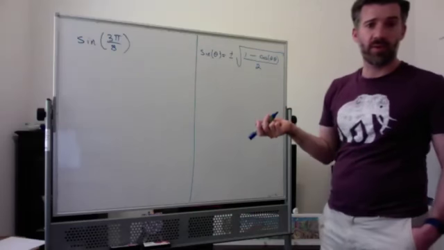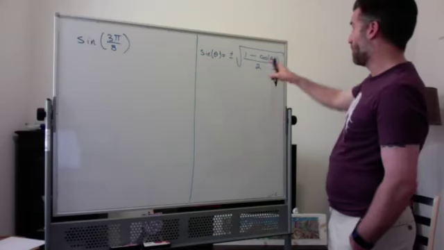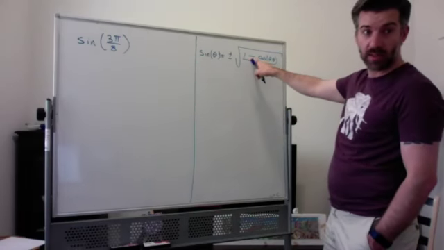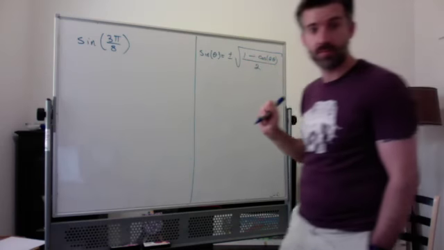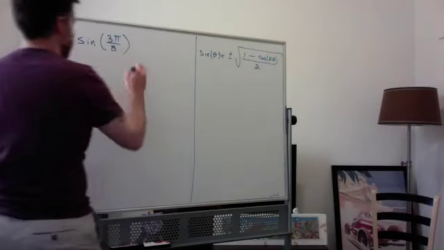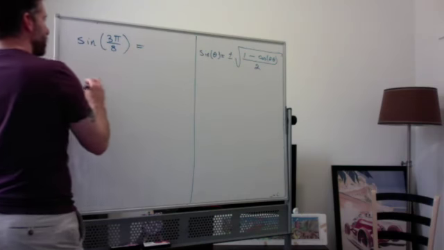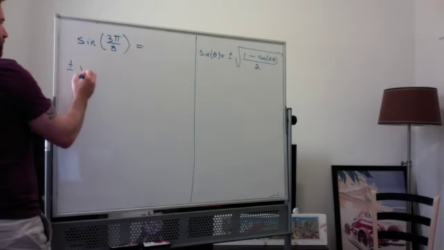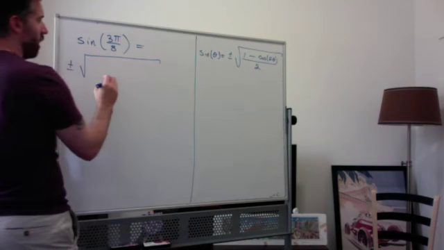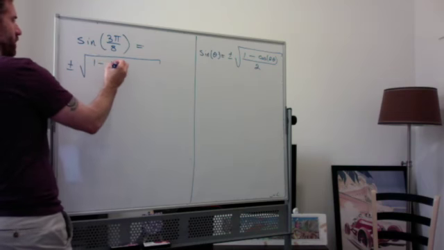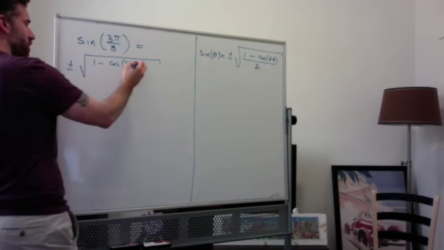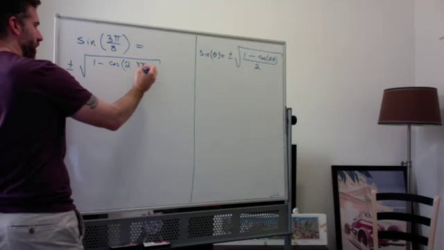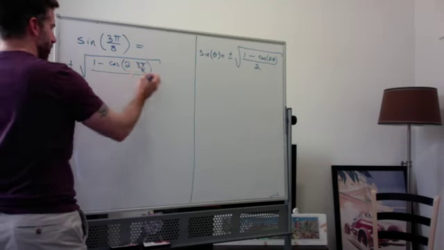The cosine formula is virtually the same, except it's a plus right here instead of a minus. So to find sine of 3 pi over 8, it's going to be plus or minus the square root of 1 minus cosine of 2 times 3 pi over 8 all over 2.